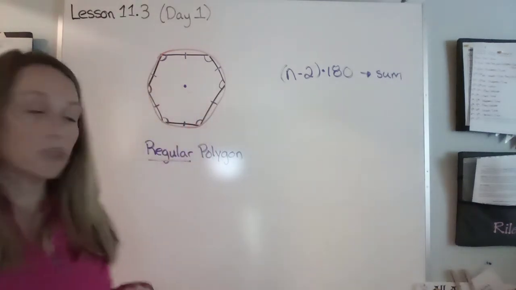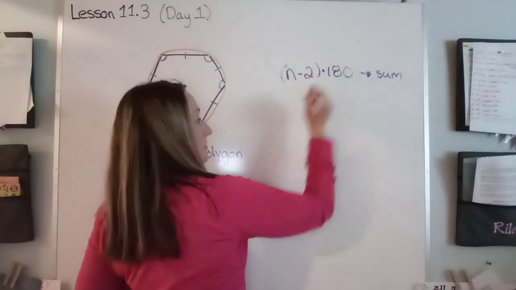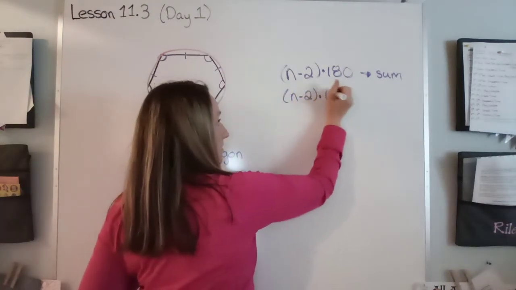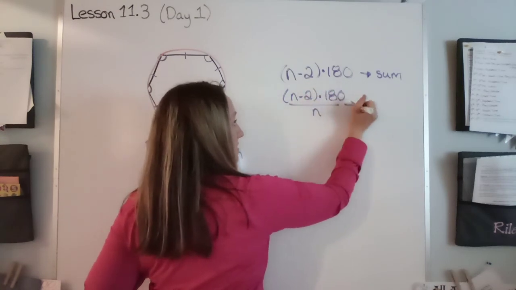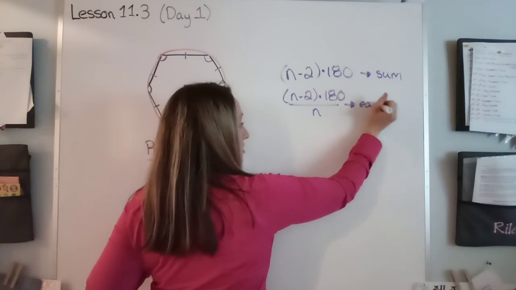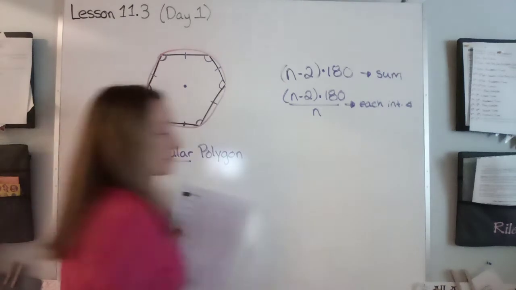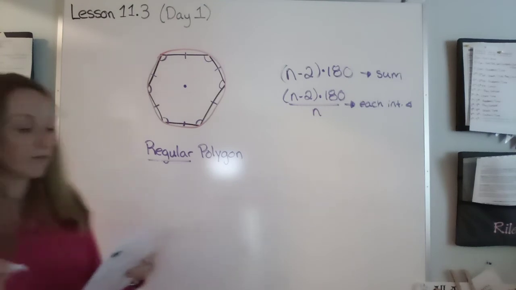Now, if I just wanted to know what one of the angles is equal to, we use this formula, but then divide by n. So n minus 2 times 180 divided by n, and that's for each interior angle. Okay, so that information is going to be helpful for some of the problems we're going to be working on.